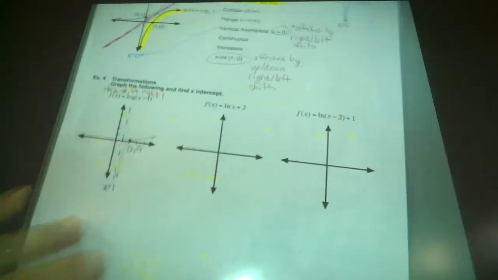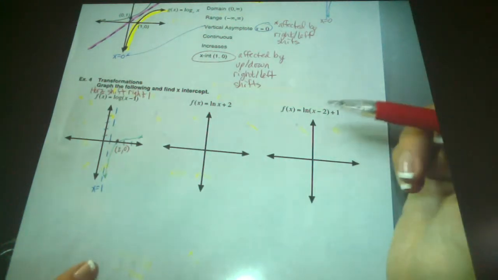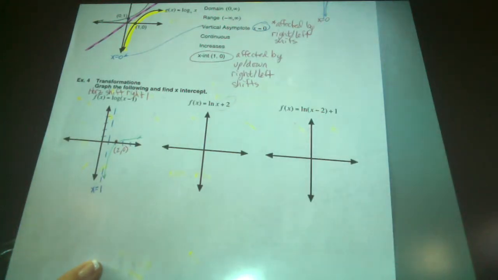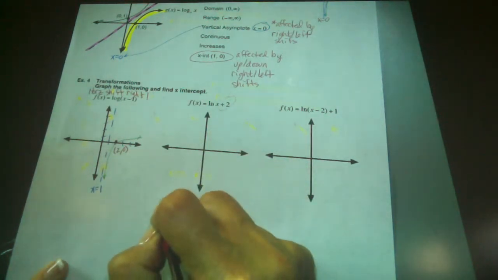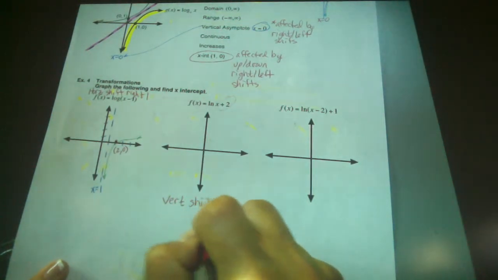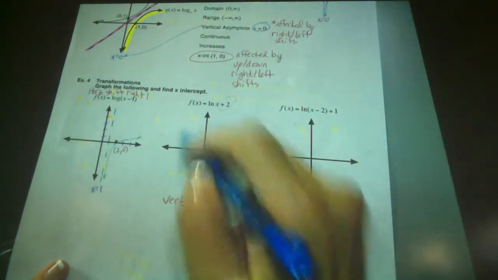All right, look at this one. Doesn't matter that it's natural log. What's happening? What shift is occurring? Outside the function. It affects y, so it's up or down, and it's up because it's same sign. So is that vertical or horizontal? Vertical because it's affecting y. So vertical shift up 2.